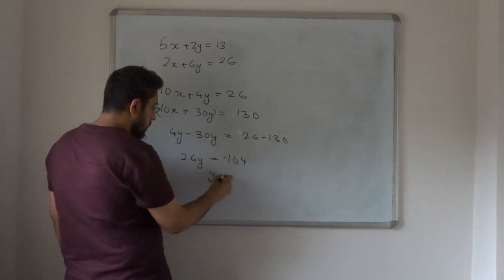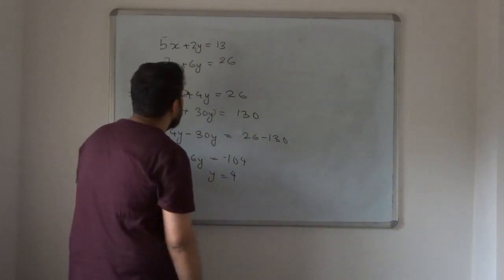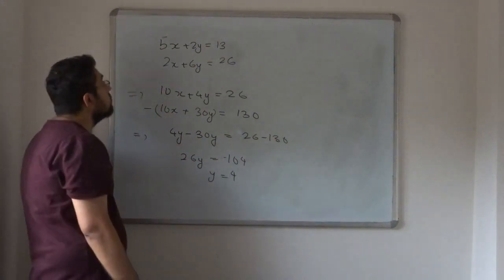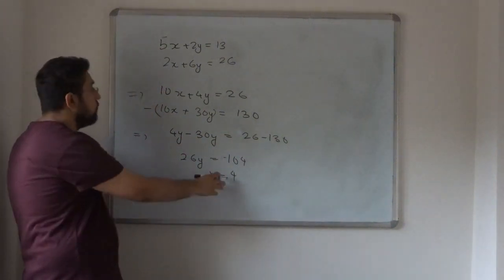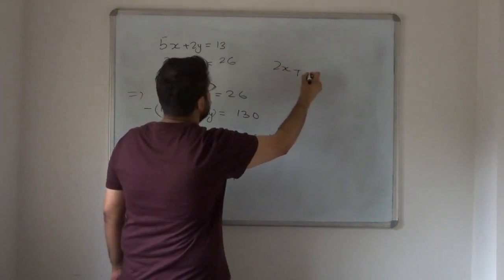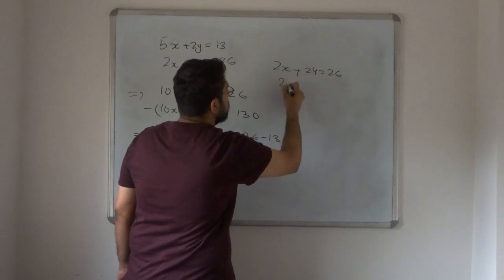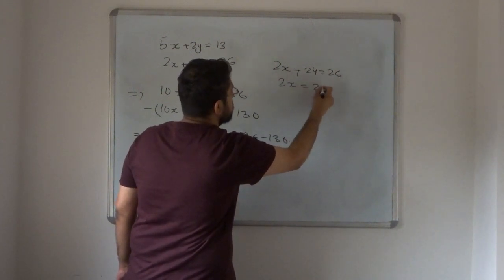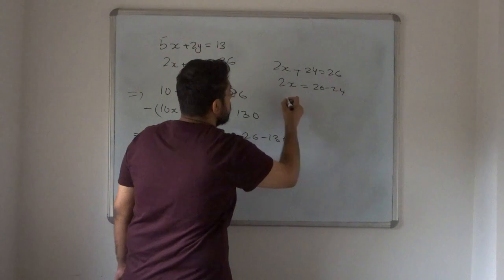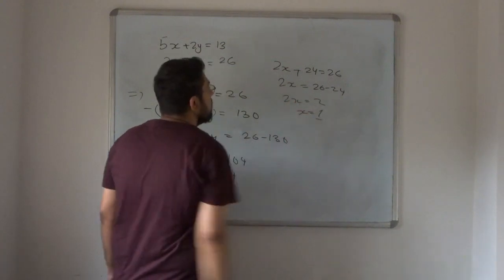So y equals 4. Okay, so now that y is equal to 4, we can put y in this equation. 24. So x equals 26 minus 24. So x equals 2.